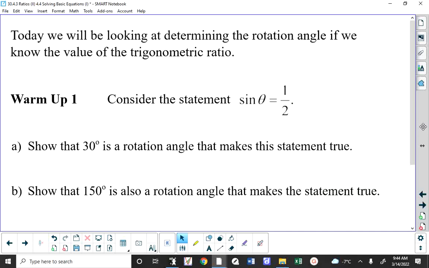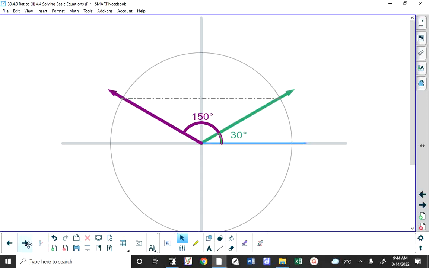We didn't have to do it that way. We could have looked at the unit circle, and I've taken the time to make a nice diagram here. If this is the unit circle, then this is 1, and this is 1, and you should be able to come up with the coordinates of that point.